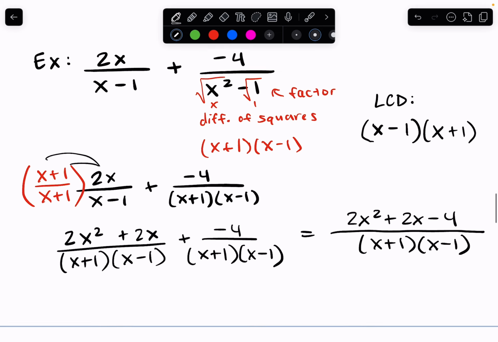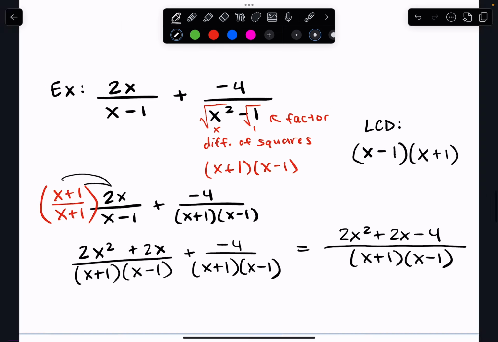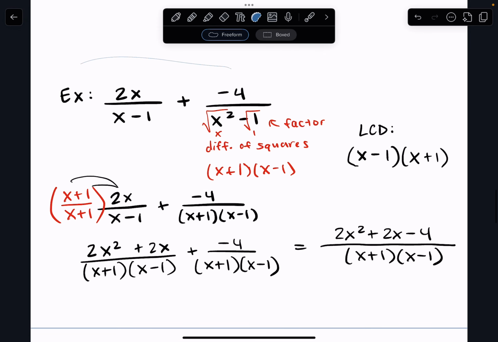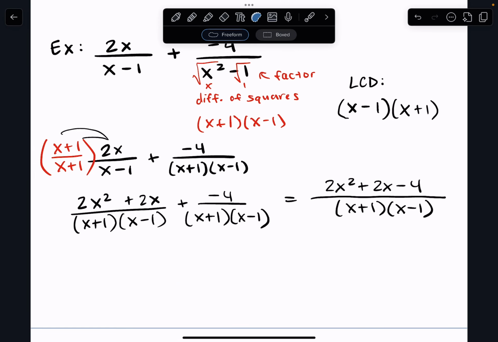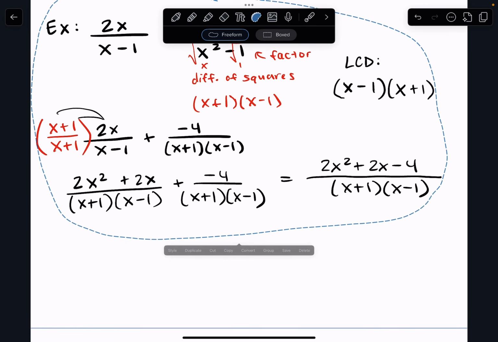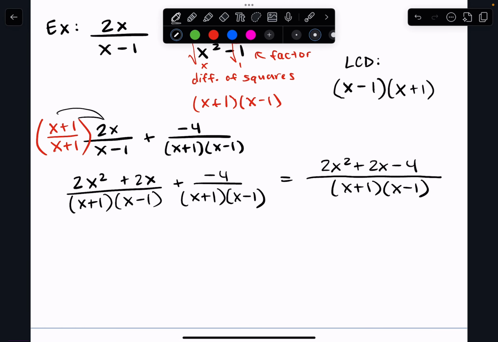All right, I need to move some stuff real quick because I don't have enough room. And so now we're going to go ahead and check to see, can you simplify this? 2x squared plus 2x minus 4. Again, here you're going to check to see, can you factor this? And so I'm going to move that work over here to the side.